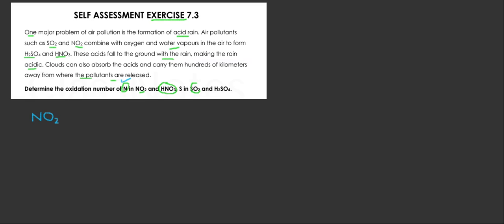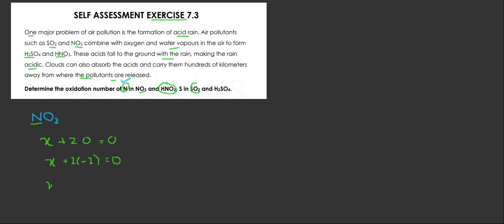Now in this case you have to find out the oxidation state for nitrogen. Oxygen has charge -2, so for nitrogen you can write X. For oxygen you can write 2 multiplied by oxygen, and as a whole that is equal to 0. So for nitrogen X, for oxygen the charge is -2, so in place of oxygen you write -2, and that would be equal to 0.